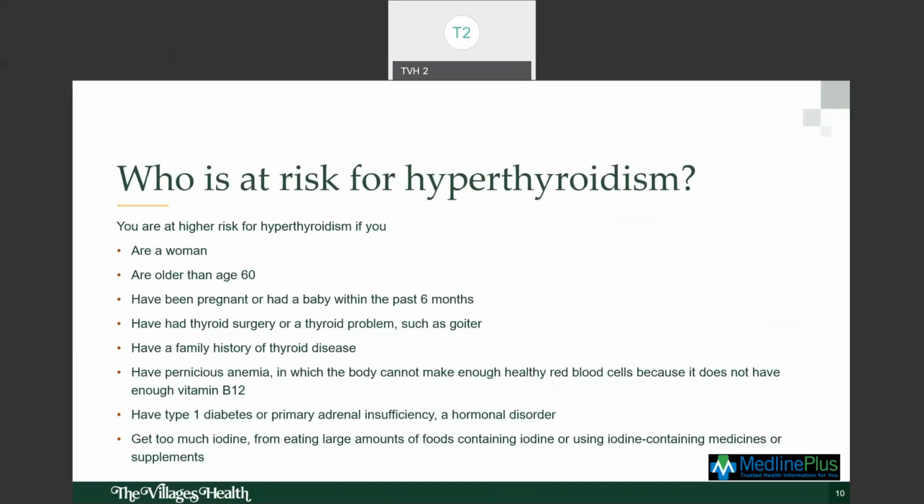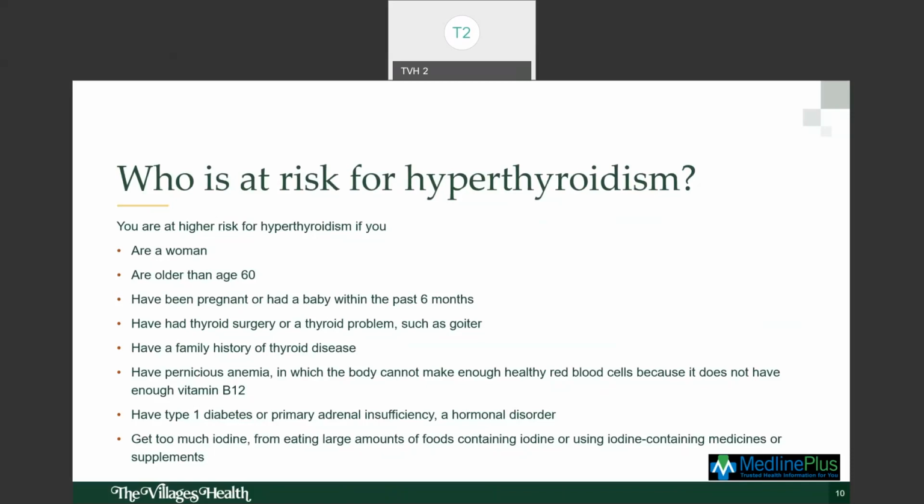Another cause could be having type 1 diabetes or having a diagnosis of primary adrenal insufficiency, which is another hormonal disorder. So you can see here, having different hormone conditions can put you at a higher risk for developing hyperthyroidism.